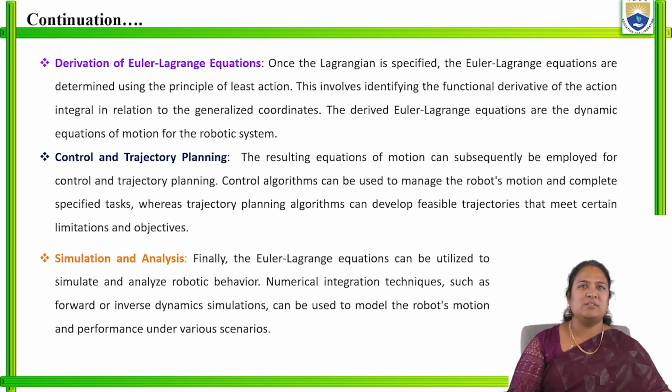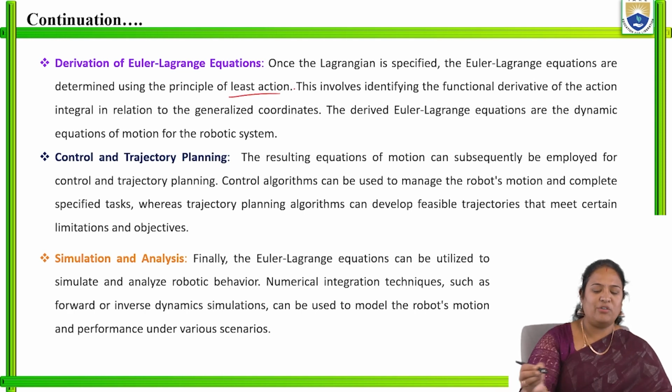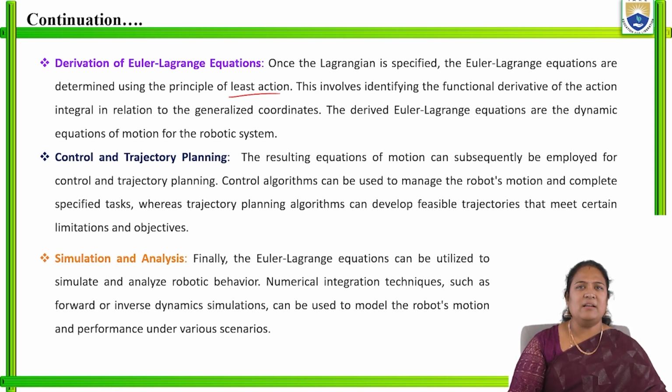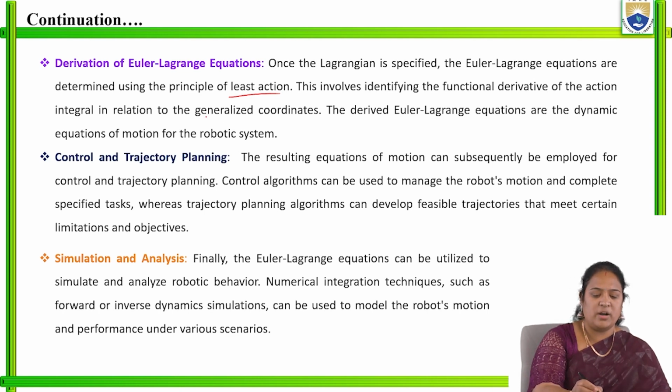The robot's action, whatever will be determined, will be solved by the Euler-Lagrange equation. This equation is used to determine the action of the robot, which involves the derivation of the action, which is an integral in relation to the generalized coordinates.